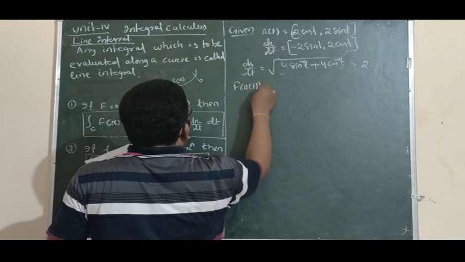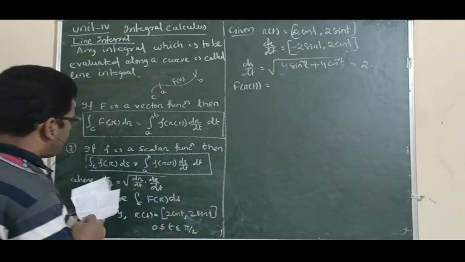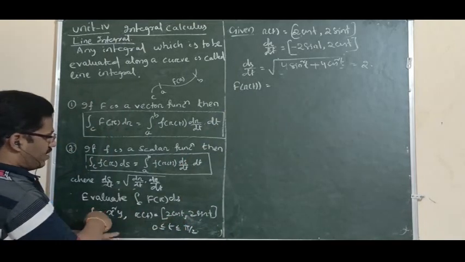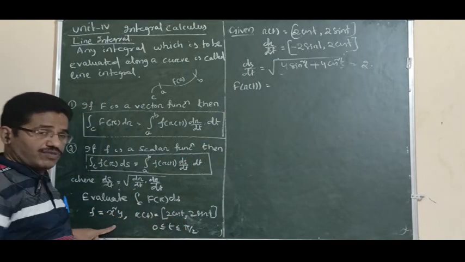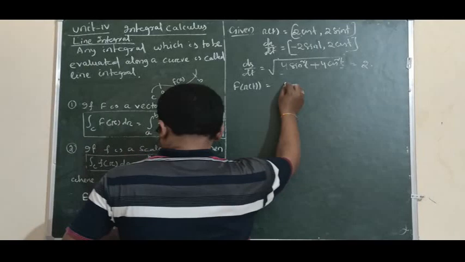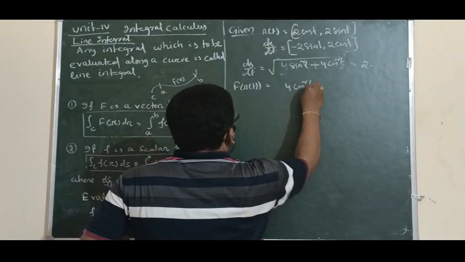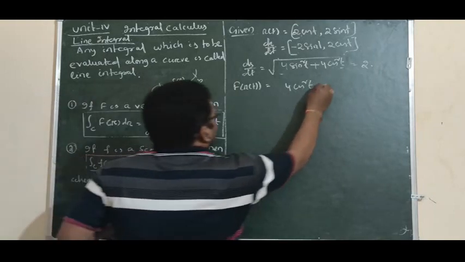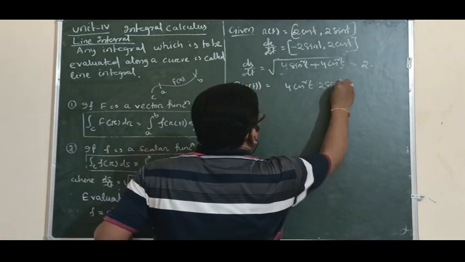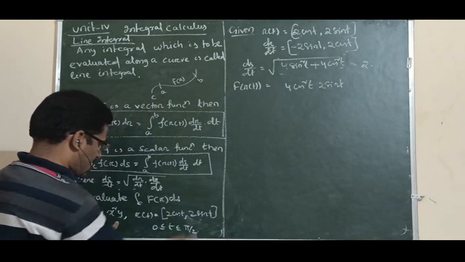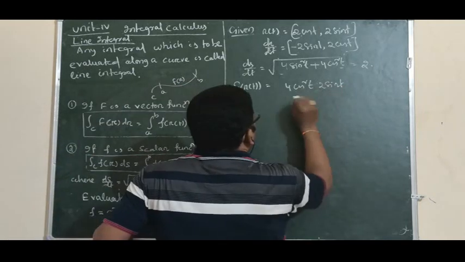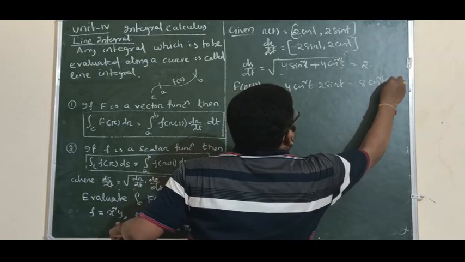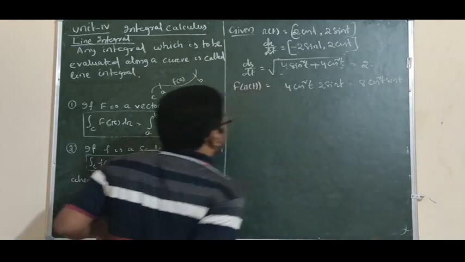What is your f of r of t? We will put r of t in the function. In place of x we put 2 cos t, that is 4 cos square t, and 2 sin t in place of y, so this is equal to 8 cos square t multiplied with sin t.